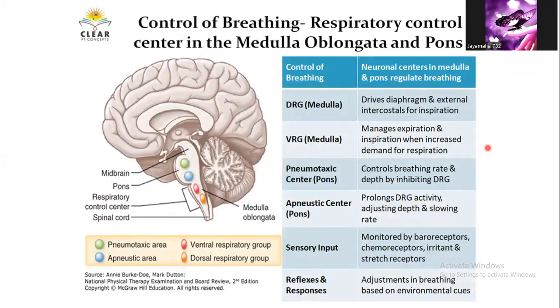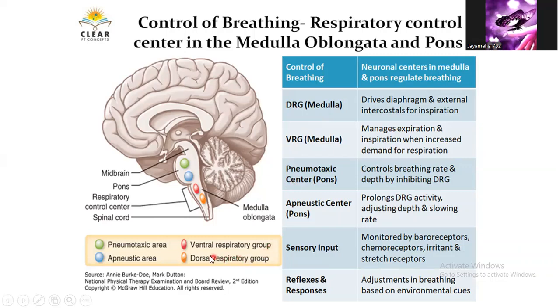In this slide, this table explains how the different neuronal centers in the medulla oblongata and the pons regulate breathing by controlling the respiration rate, depth, and response to stimuli. So, the DRG means the dorsal respiratory group, which is situated in the medulla.